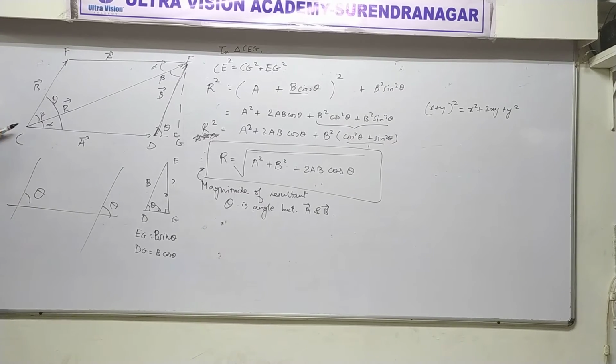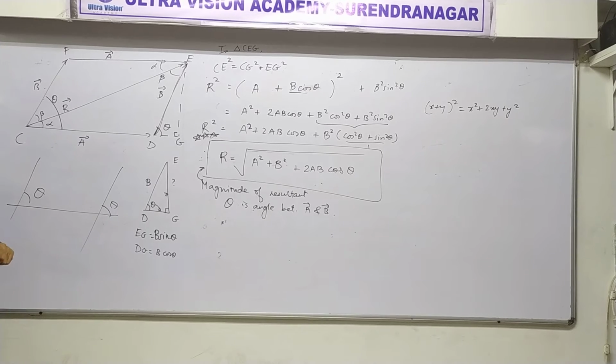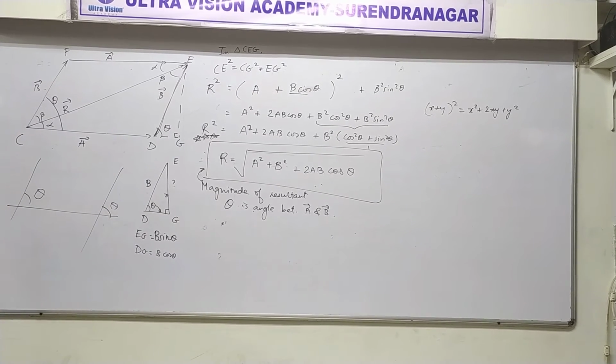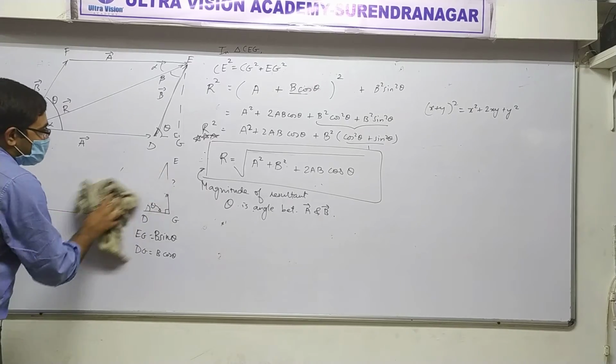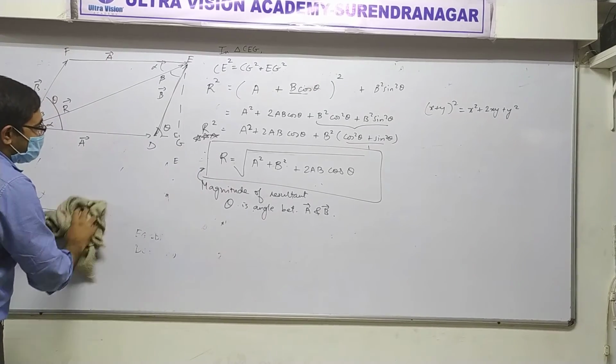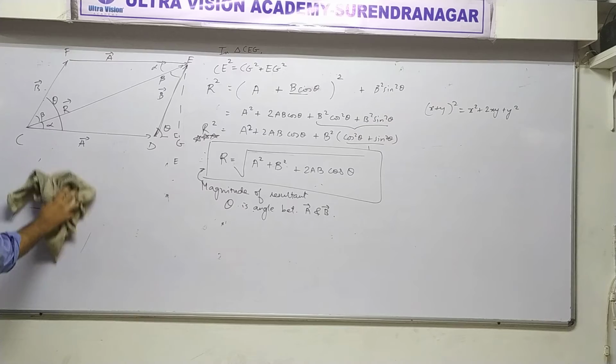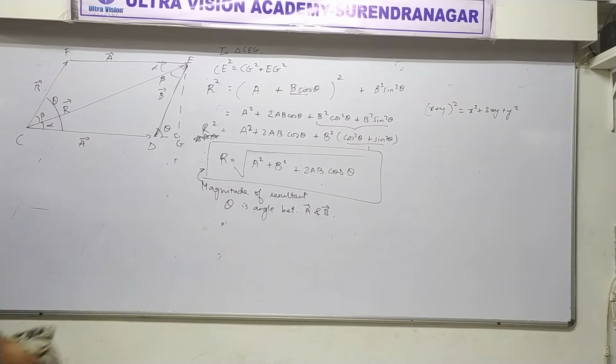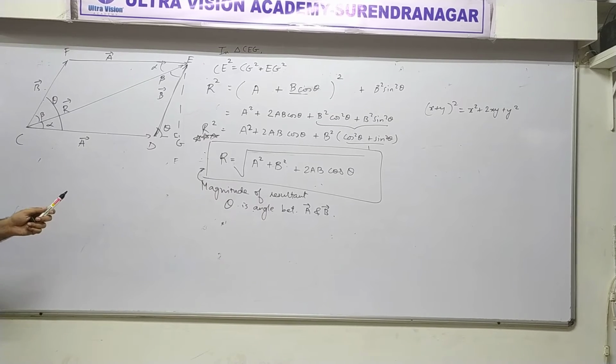Yes. Angle between R vector and A vector is alpha. So we will try to find alpha. Now, can you see a right angle triangle where alpha is one of the angles? Which triangle is that? C, G, E. Okay? So I am continuing with the derivation here for finding the angle.